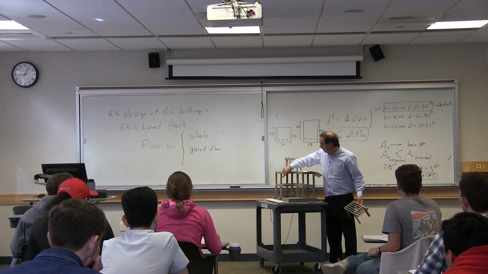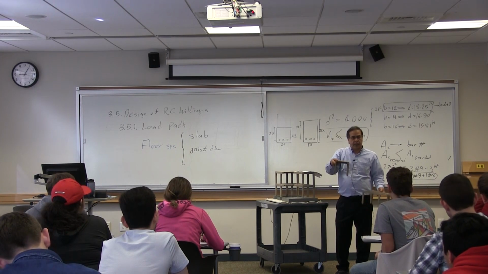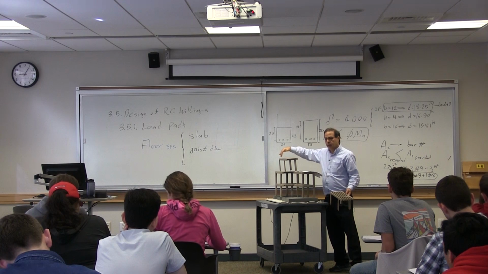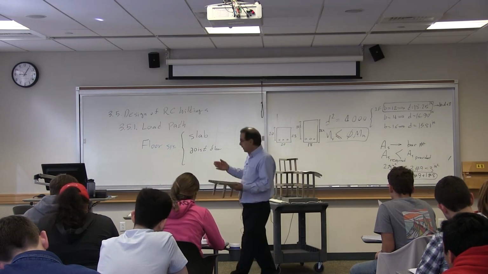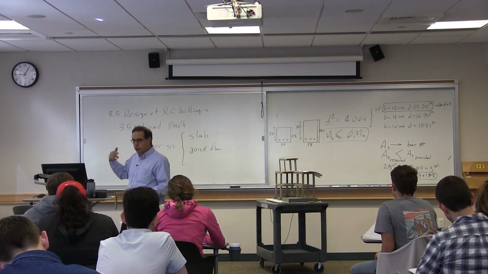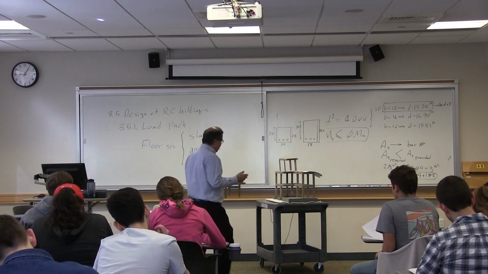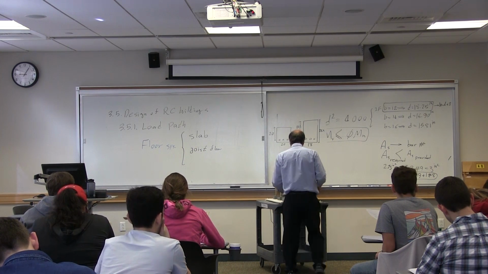So this slab is going to be thinner than this slab. And that sometimes is a more economical design. So these are, for now, two types of floor systems: slab system and joist floor system. There are other types of floor systems as well, but let's just stick to what we discussed so far.